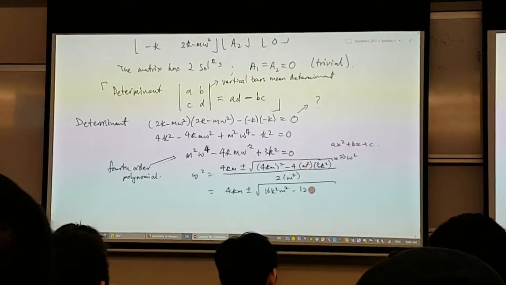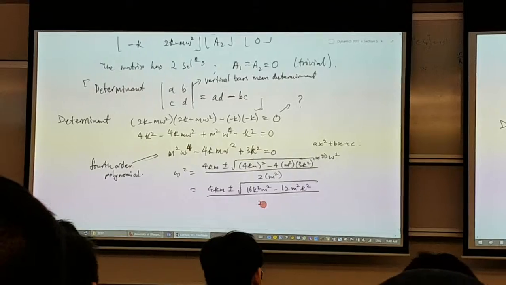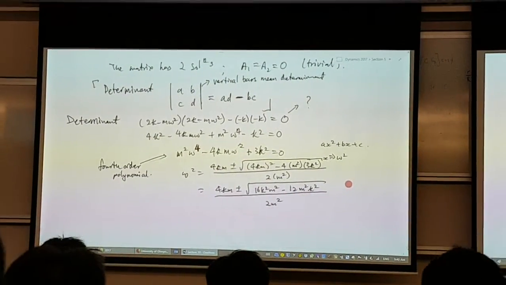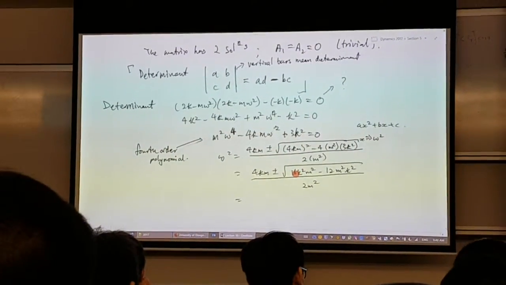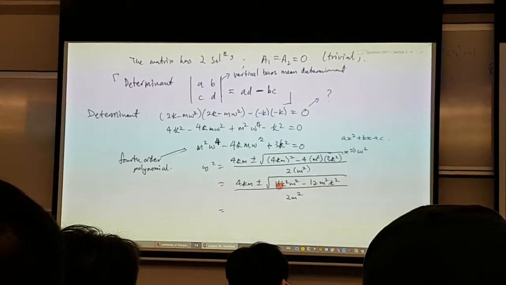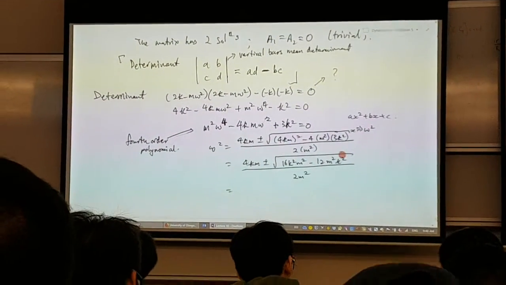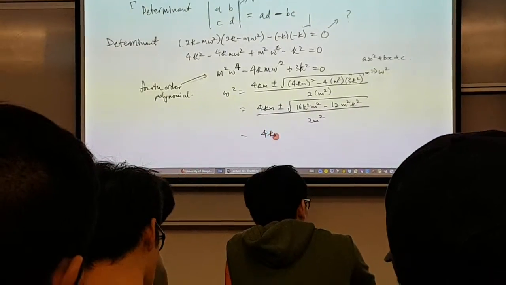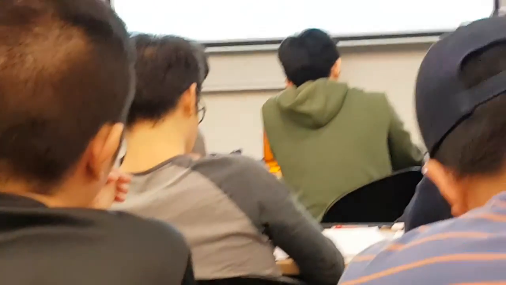12 m squared k squared divided by 2m squared. And this 16 minus 12, that will give me 4k squared m squared, square root of that, then I'll get plus minus 2km divided by 2m squared.